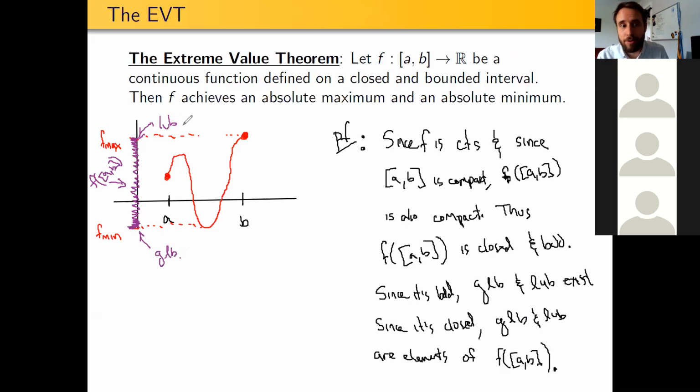And because the set is closed, they must be elements of the image itself. So they will be the maximum value and the minimum value of the set. Cool. And so we see how this more complicated theorem, Theorem 11.4, actually gives us the extreme value theorem, the one whose name we know, basically for free, when we realize that these kinds of sets are just compact sets.